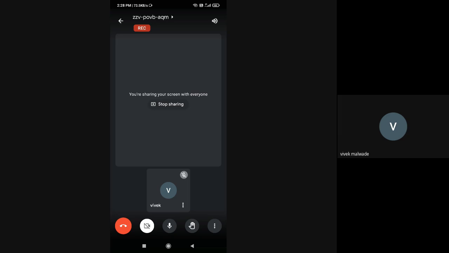We have discussed one numerical in the class regarding Thevenin's theorem, and you have also calculated the values for the same.